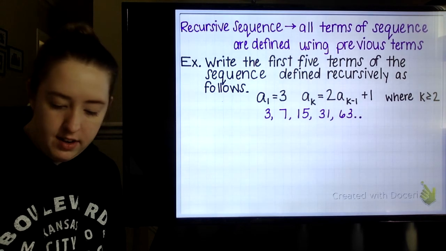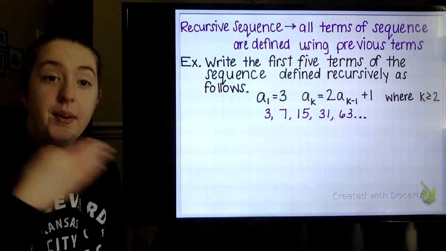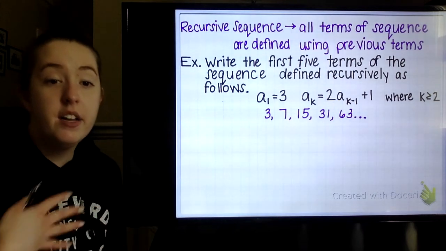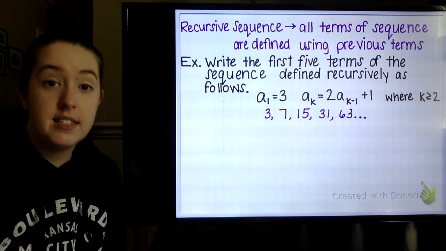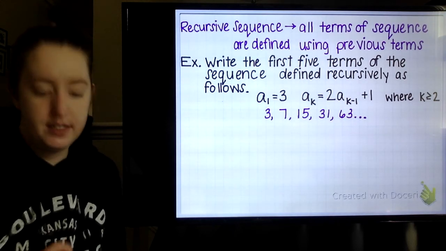And that will go on forever. So that's what a recursive formula, or a recursive sequence, is. You go back to previous terms that you had to find terms later on in the sequence.